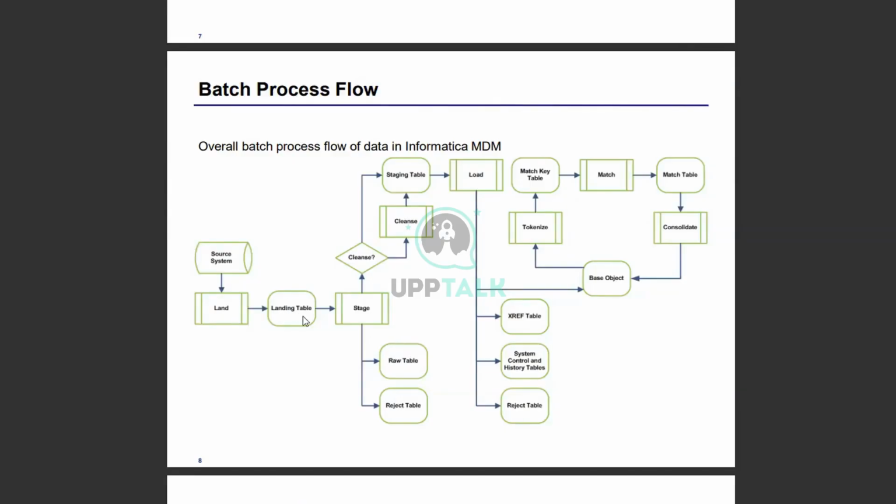The data which is sent from landing to stage runs through a mapping. We have a mapping inside MDM as well. That mapping will have a certain number of cleanse functions involved. Else, it would be a pass-through mapping. And according to the configuration we have done in stage, certain records might get rejected.